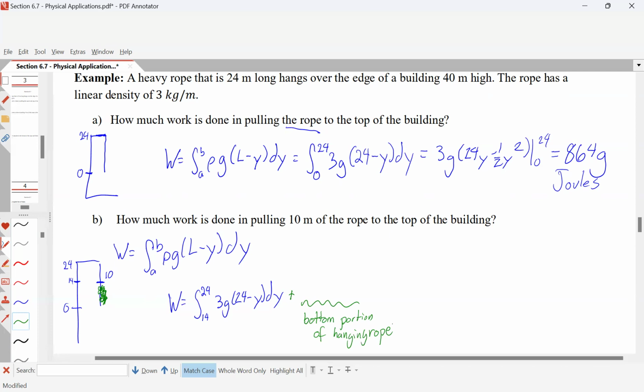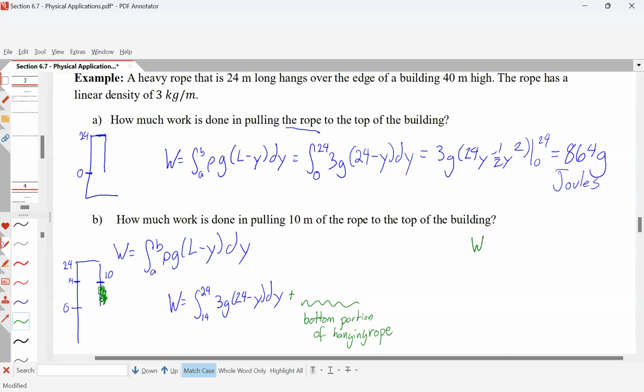The work for this amount of chain, though, we know here that there is again 14 meters of rope that's moving. We know it's moving 10 meters, and we know that for each meter of rope, it has a 3 kilogram linear density.